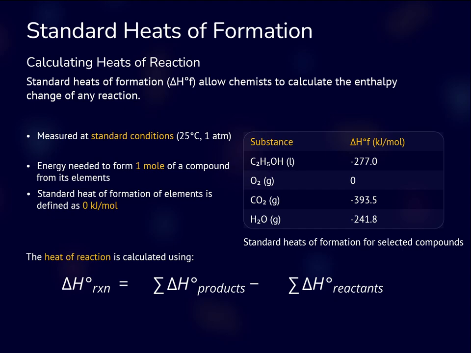And by the way, standard conditions means 25 degrees Celsius at 1 atmosphere of pressure. The heat of formation of any element, pure element by itself, in its standard state is 0. And that's going to be an important fact you want to remember. So we can use this formula. The delta H of the reaction is equal to the sum of the delta H of the products minus the sum of the delta H of all of the reactants.